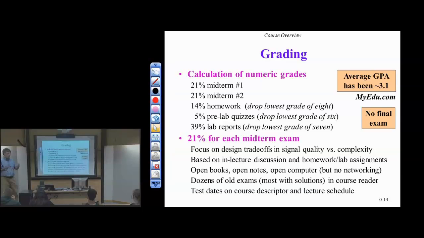For an excused absence, we'll have you make up the work, absolutely. For a thing that's not excused, the good news is you get to drop one in each of these categories anyway. So if you miss it, or if you get to the end of the semester and decide Lab 7 is too much work given other things, you can skip Lab 7. Now, last semester, everyone did Lab 7, which is the first time it's ever happened. That was surprising. But it's guitar effects.